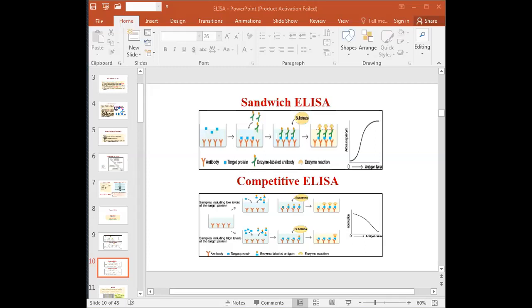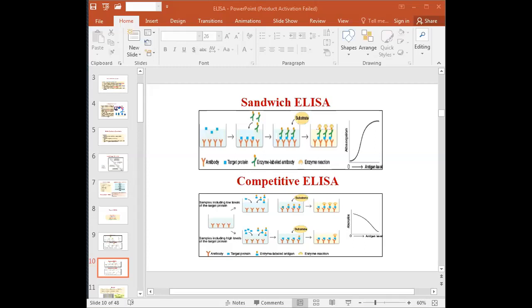And here we can get two different types of reaction. So we have mixed both the unknown as well as the known enzyme-tagged antigen to interact with the primary antibody. We are not using a secondary antibody here, like in the direct ELISA technique.